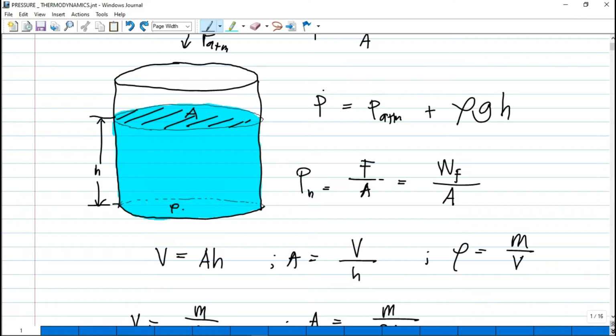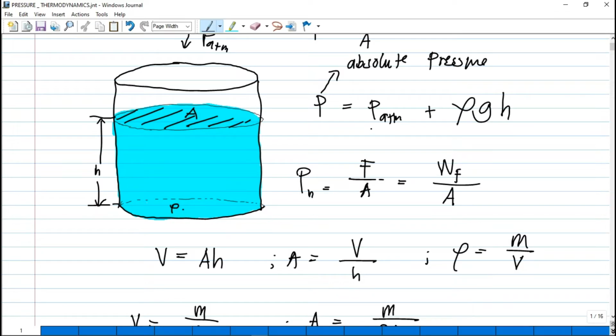This pressure is what you call the absolute pressure. Ito yung tinatawag natin, guys, na absolute pressure. Siya yung true pressure at a given point. So the true pressure at the given point, hindi lang yon yung pressure due to height, because meron pang ina-exert na pressure yung atmosphere. So yung true pressure at the bottom is actually equal to atmospheric pressure plus that pressure due to the height or elevation of the fluid.